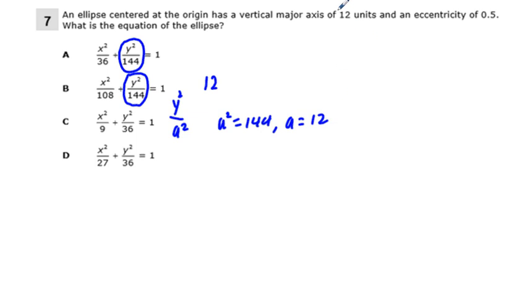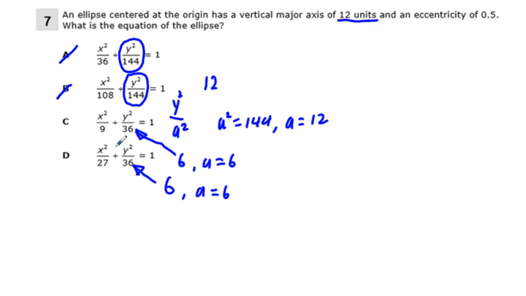That would not be our vertical major axis, that would be our semi-major axis. This one right here, we would have a semi-major axis of 6. Okay, so these would both be a equals 6. So that's how we get a vertical major axis of 12, our semi-major axis is 6. And so A and B are not possible.